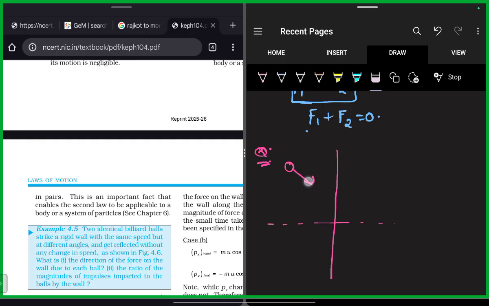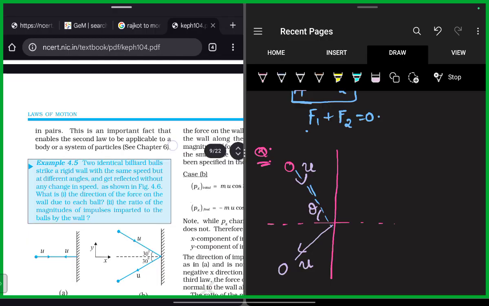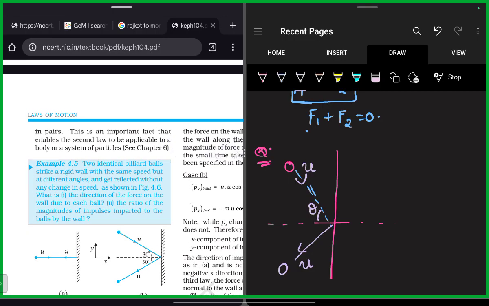So let's say this one hits this wall at an angle theta and gets reflected without any change in speed. So initial speed is final speed. As shown in the figure, what is the direction of the force on the wall due to each ball? What is the ratio of the magnitudes of impulse imparted to the balls by the wall? That will be what?